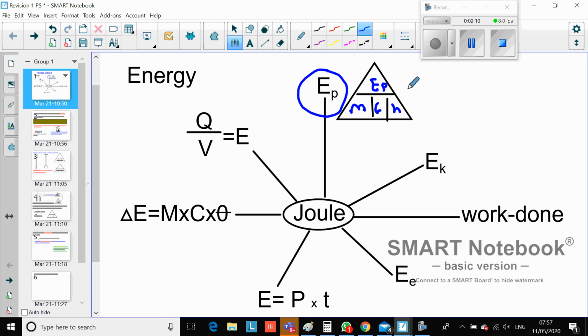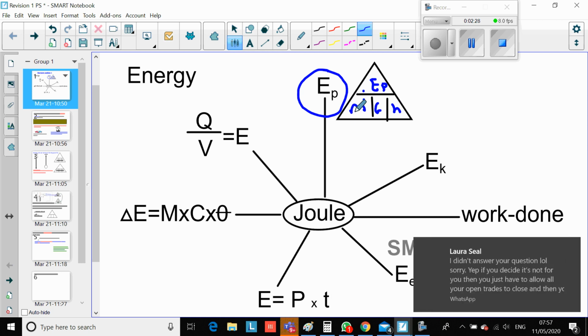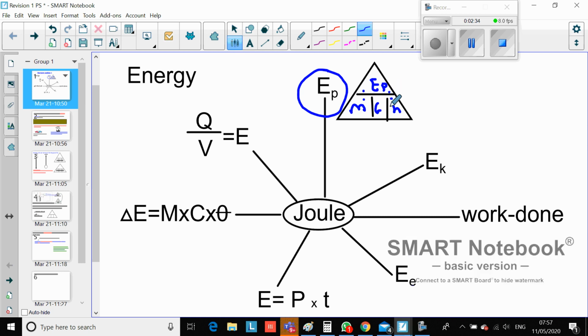Okay, so say for example you were asked to work out the height, you'd simply cover it up and it'd be gravitational potential energy in joules divided by mass times gravity will give you the height. Or say for example you wanted to know what the mass of the object was. Okay, it'd be gravitational potential energy divided by gravity times height, and that would give you the mass. Okay, so we know how to use the triangles. Okay, so that's that one.